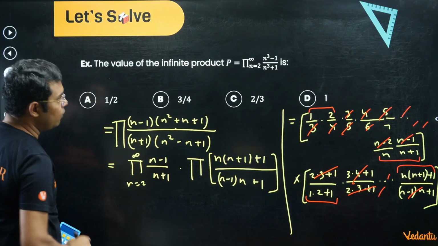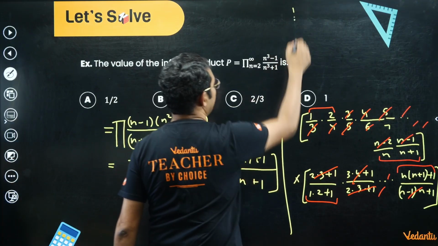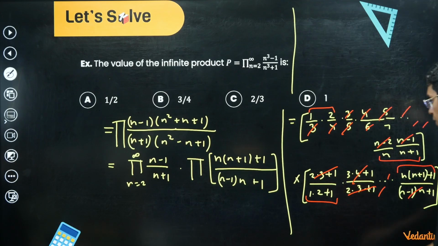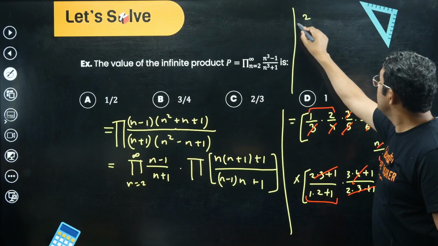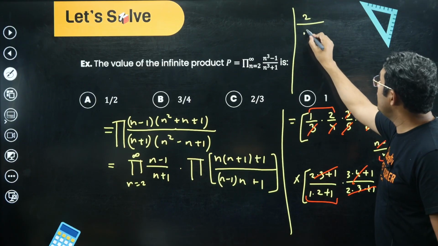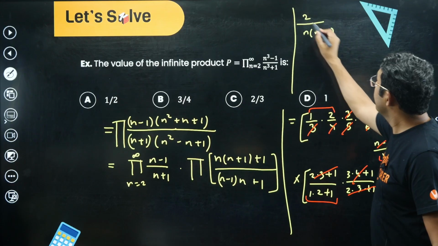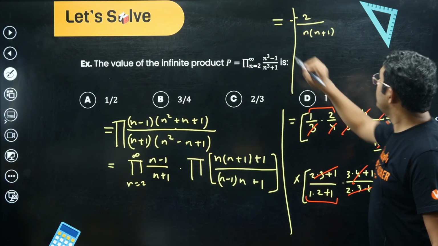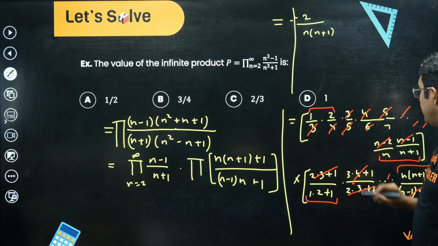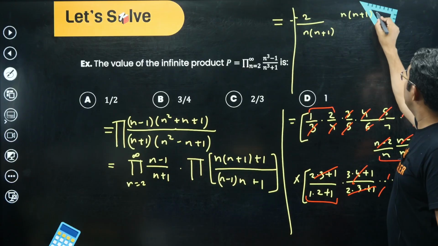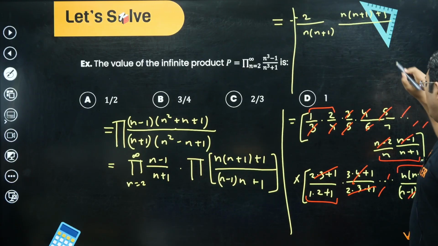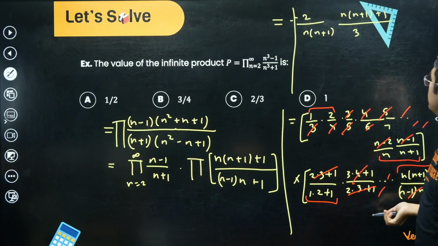So we are now left with, let me use this space, sorry, I am left with 1 into 2, so 2 here upon n into n plus 1. Okay, and in this second bracket we are left with n into n plus 1 here upon 2 plus 1, 3 here.